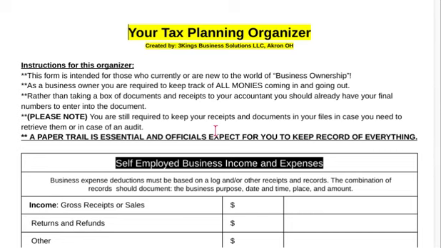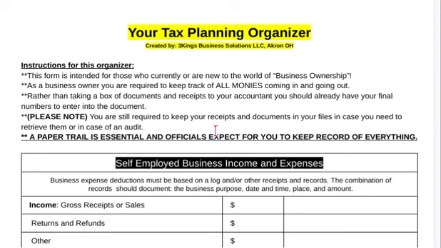Now, this is for my self employed tax people so that they are able to organize everything and get an early start on their taxes and know where they're sitting as far as their income and expenses. All right, now this form makes it so much easier on your tax preparer and even on yourself so that you can accumulate all of your numbers into one easy form.